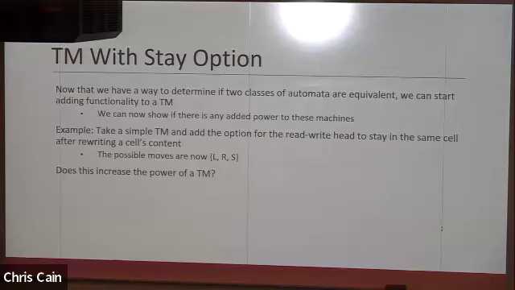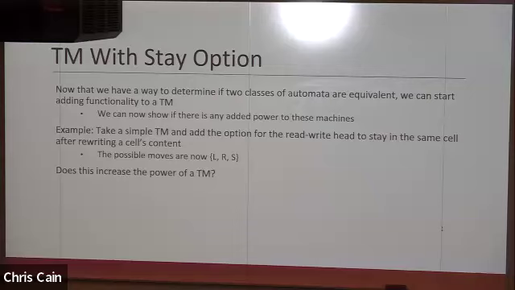If the answer to that is no, then how would we simulate a stay with a Turing machine that could just move left or right? You can just, whatever input that you want to stay on, you just move to the right, and then whatever it is, you just move back to the left. Yeah, so you'd have to have a set of possible transitions for everywhere that you could be, that whenever you read that character, you also write that character and then move back the direction you came from.